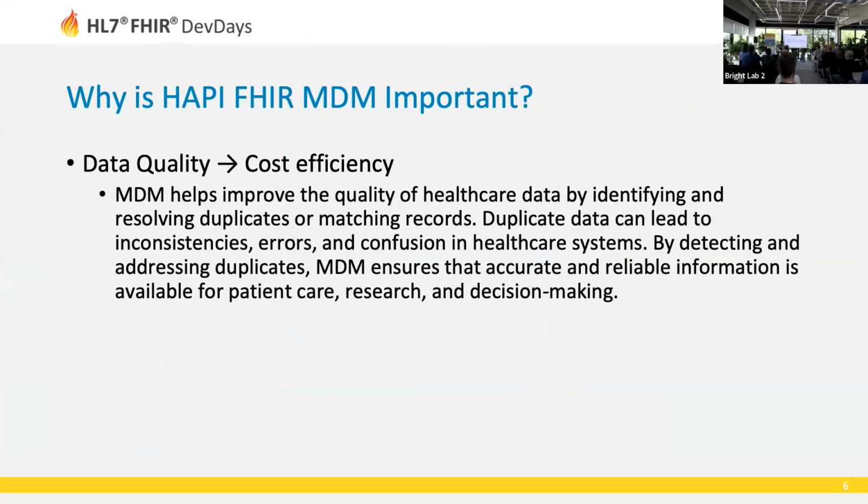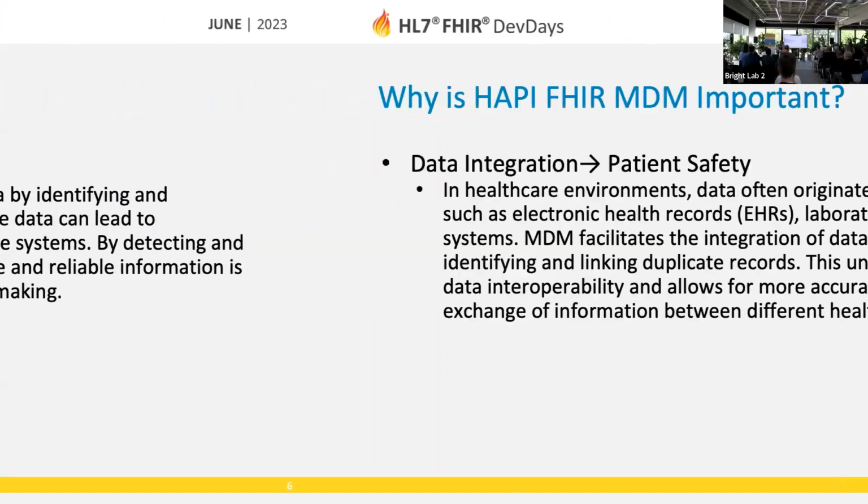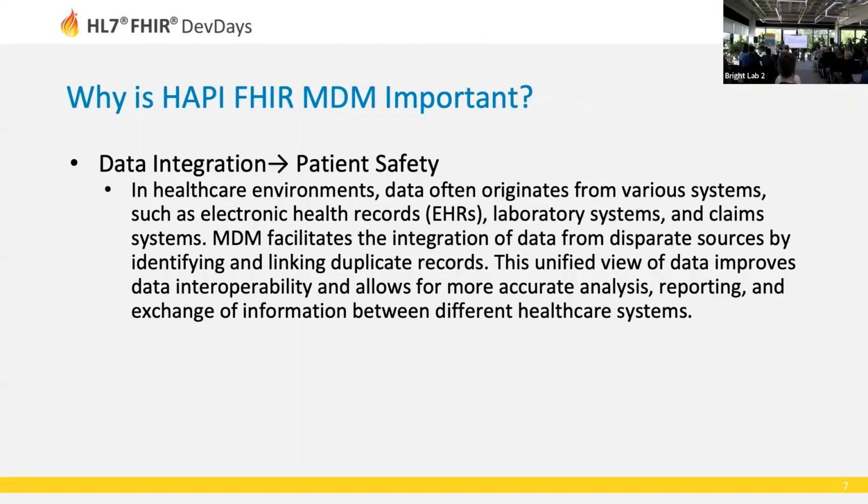So why is HAPI MDM important? MDM helps improve the quality of healthcare data by resolving duplicates and matching them, which is leading to cost efficiency. Data integration, that's very important, and that's another thing that MDM does.